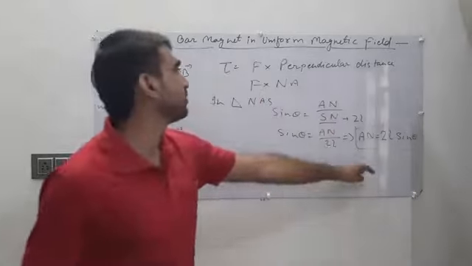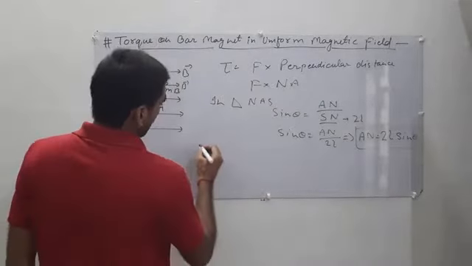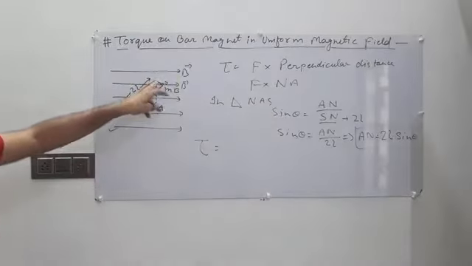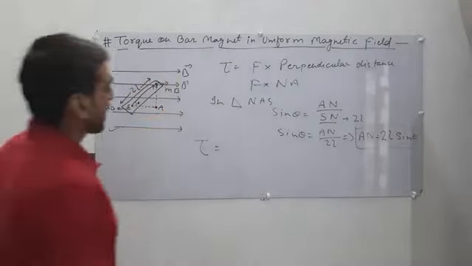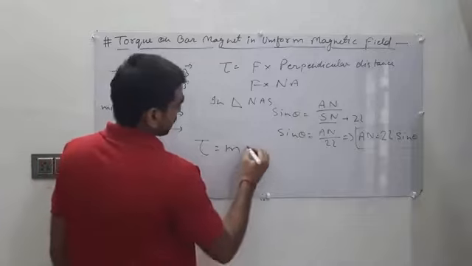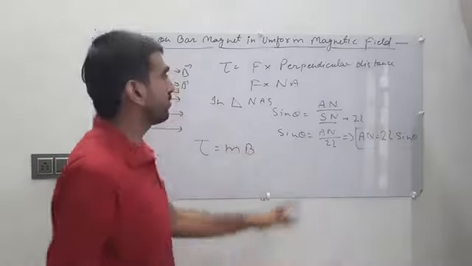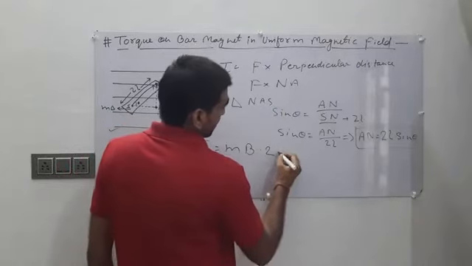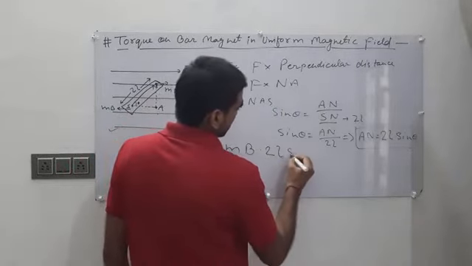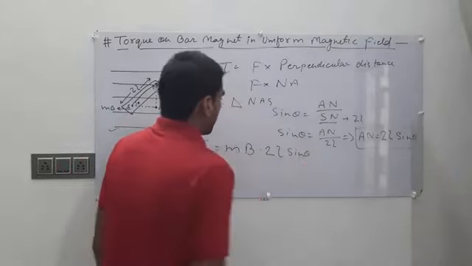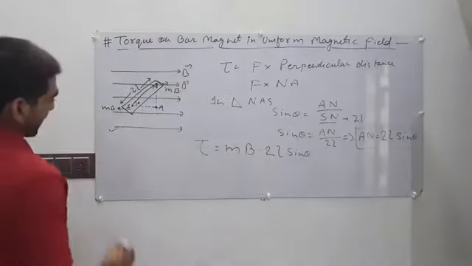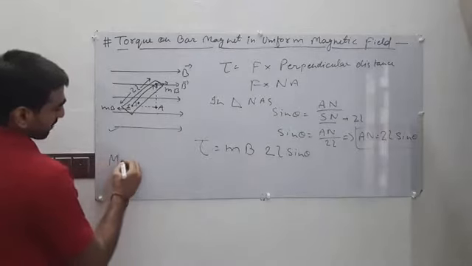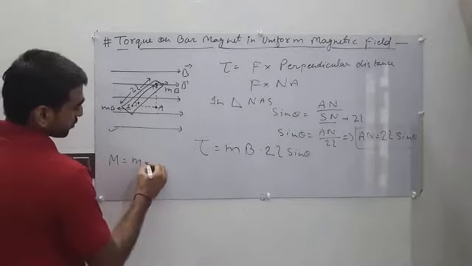Now put this value in this equation, then our torque becomes: the force on the north pole is small m into B, and the value of NA is 2L sine theta. Now if you remember, the magnetic dipole moment, capital M, equals small m into 2L.